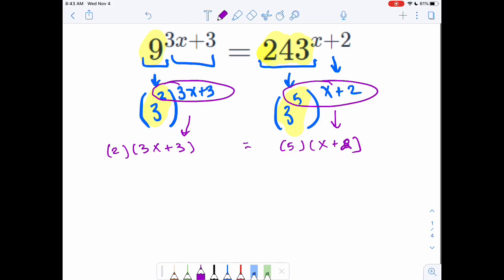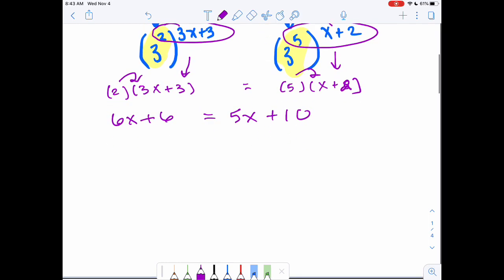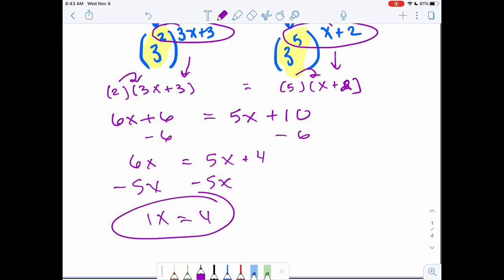All right, I'm going to multiply and get 6x plus 6 equals 5x plus 10, and use my basic opposite operations to solve. x equals 4.